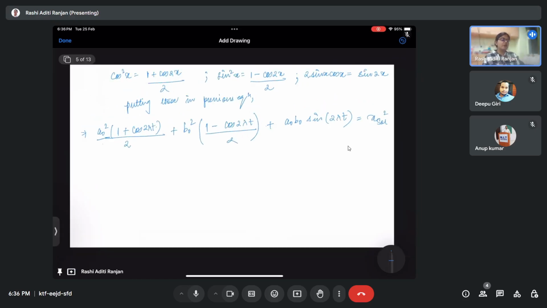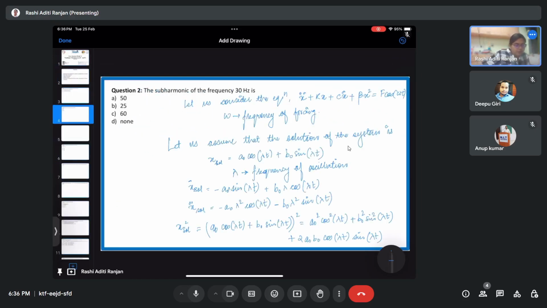Now I have x double dot, x dot, and x square, so I will put these in the main equation and then I can expand. I will not do the whole process since we are not interested in finding the proper solution, but rather in the concept of sub and super harmonics.